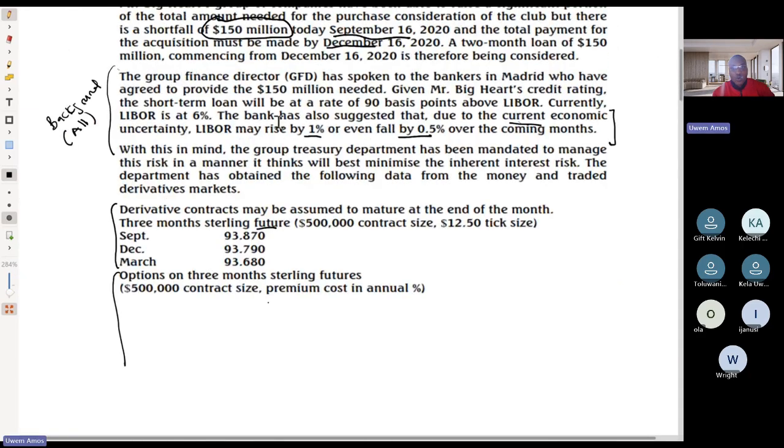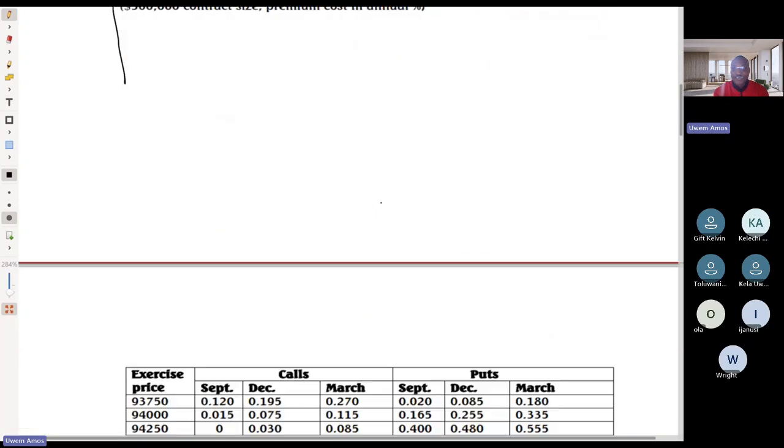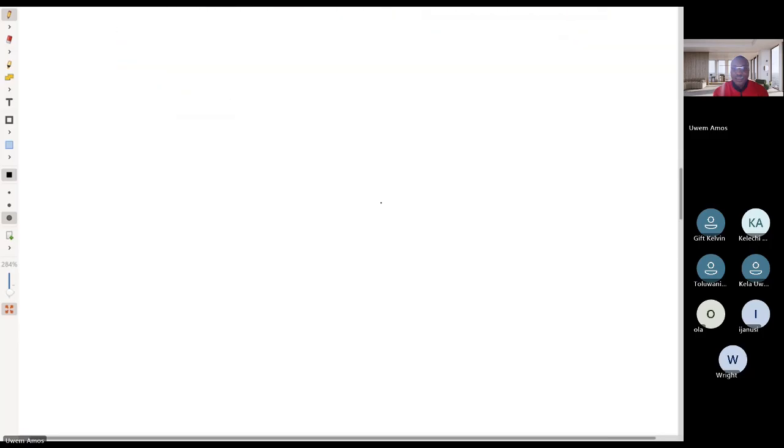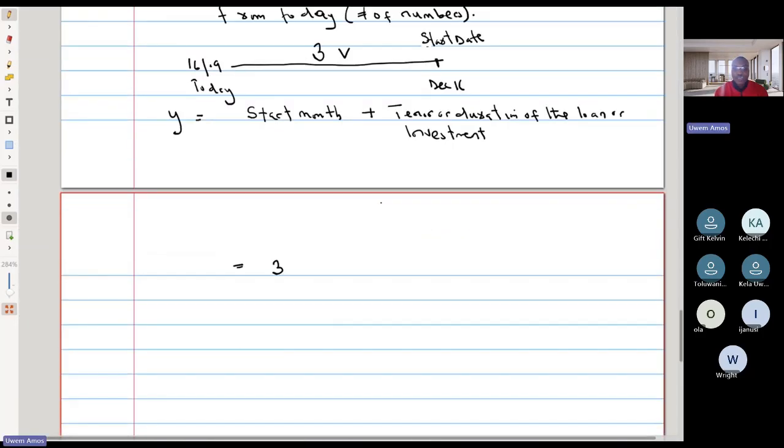It says here a 2-month loan commencing from December 16. So he's going to hold on to the loan for a tenor of 2 months. So 3 plus 2 is equal to 5.